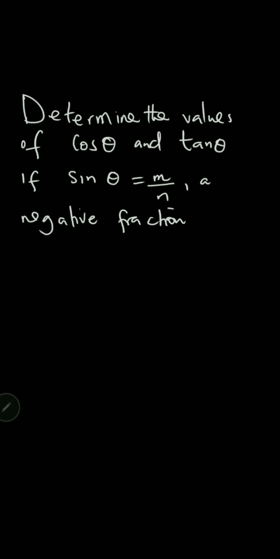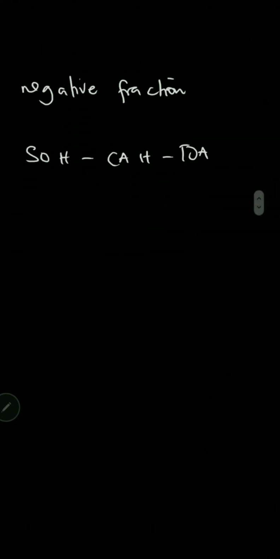This is a question under 3, and we have a question that says determine the values of cos theta and tan theta if sin theta is equal to m over n, and this is simply a negative fraction. Okay, so this is our problem. Now we know this should be our guide in terms of finding these functions, which are expressed as ratios of the sides of a right angle triangle.